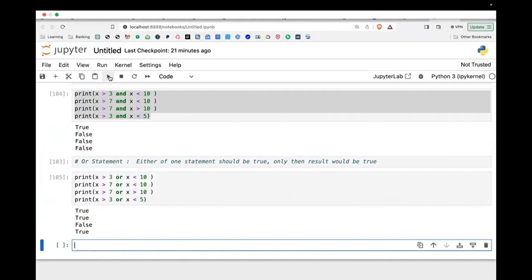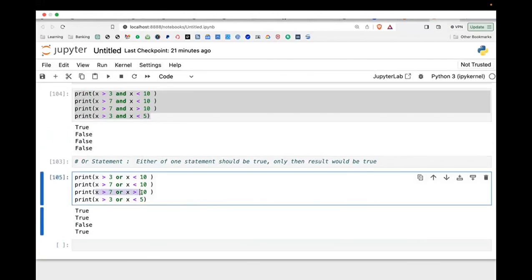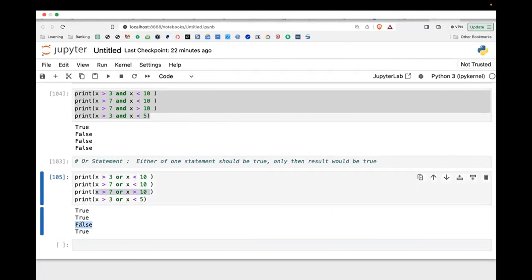If either one statement is true, you will get the answer as true, otherwise false. Like with the statement x is greater than 7 and x is greater than 10, in both conditions you were false, so your result was false. Otherwise everywhere it was true. Any problem in this?